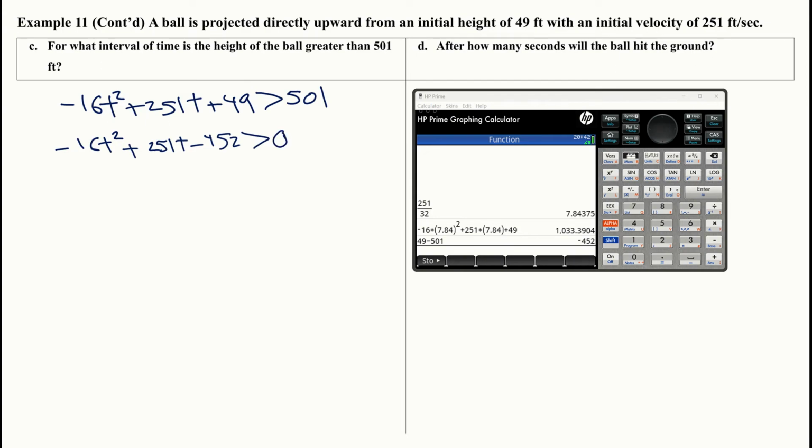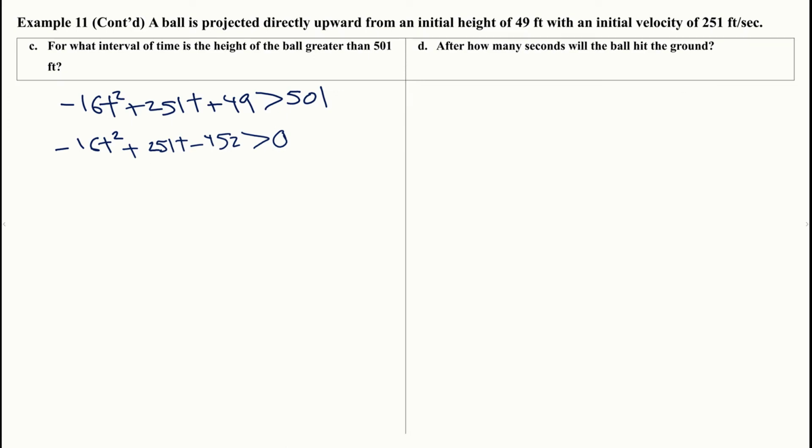Now remember, the way we solve quadratic inequalities is we go ahead and actually solve the corresponding equation, so we solve negative 16t squared plus 251t minus 452 equals 0, and then that will give us the way the interval is going to be split up. Then we do test points. All of this was explained in a previous video, so please make sure you've viewed that.